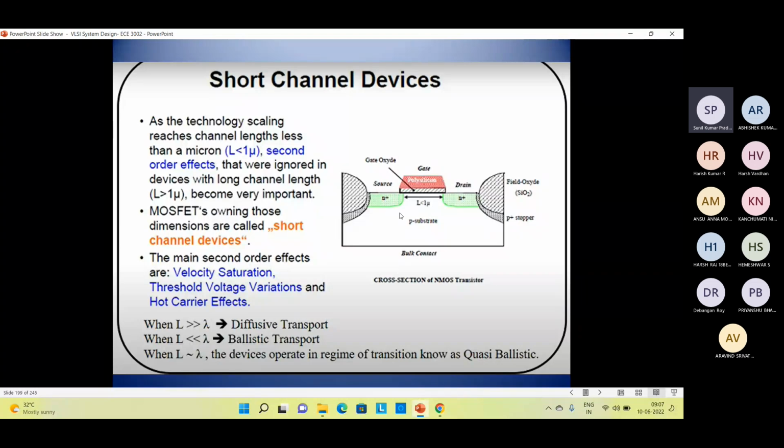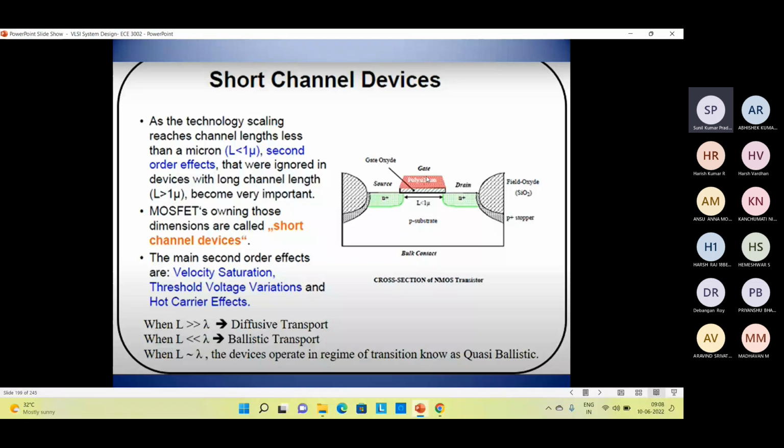Now, this is our source, this is our drain, and this is our effective length between source and drain, and we have a gate oxide layer, generally silicon dioxide. Then we have polysilicon material. Sometimes we also use a metal electrode.